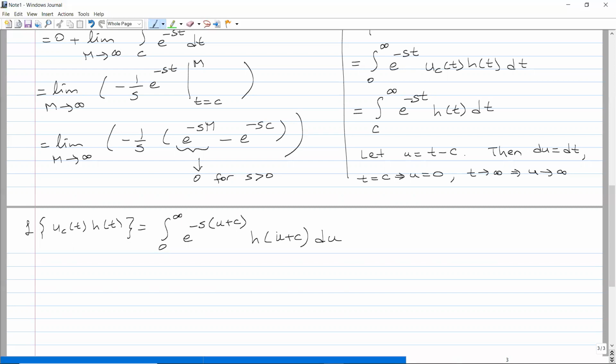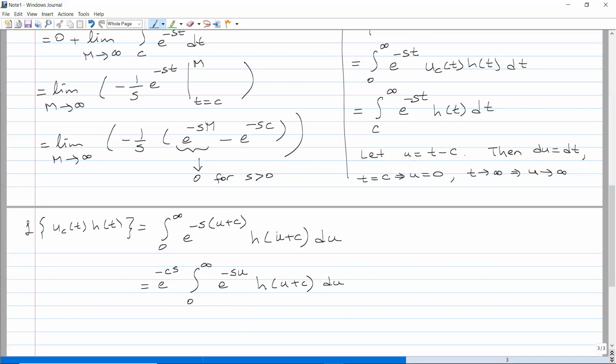Okay, so the exponential part, we can separate into su and sc. The variable of integration is u, so the sc part is like a constant. We can take e to the minus sc out of the integration, and then we have the integral of e to the minus su, h of u plus c, du.